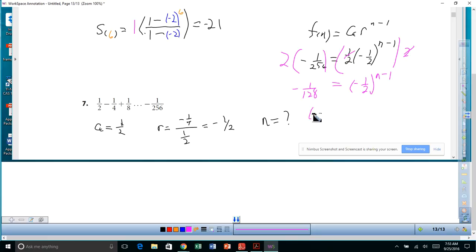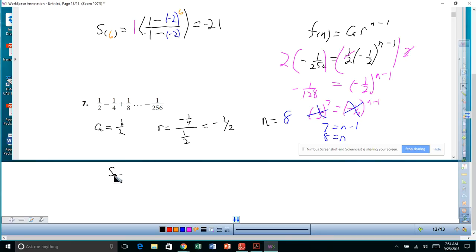So this is going to be -1/2 to the 7th power. And this is going to be -1/2 to the n minus 1. Again, we have a common base. So now we can solve for n. We have 7 equals n minus 1. Add 1 to both sides, so 8 equals n. All right, good. So now we found our n. We can put an 8 in there.